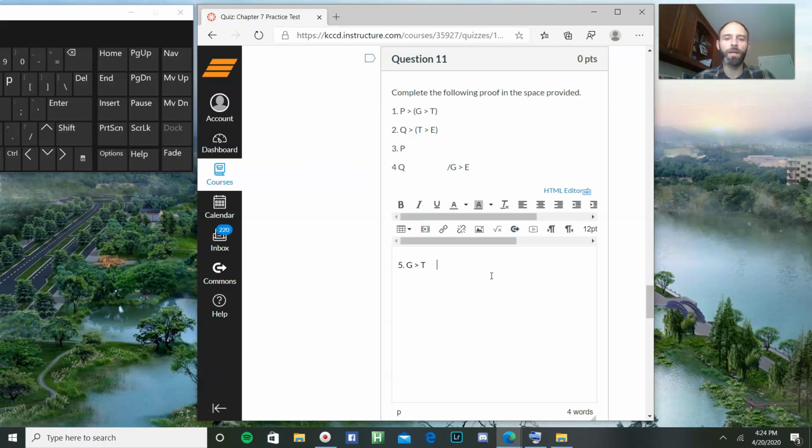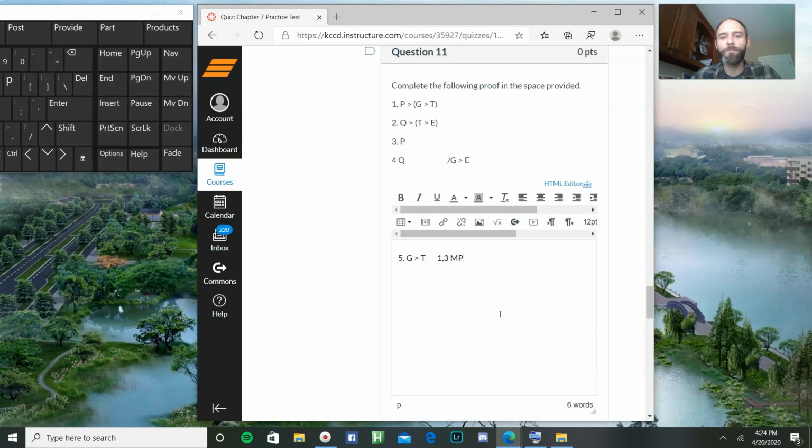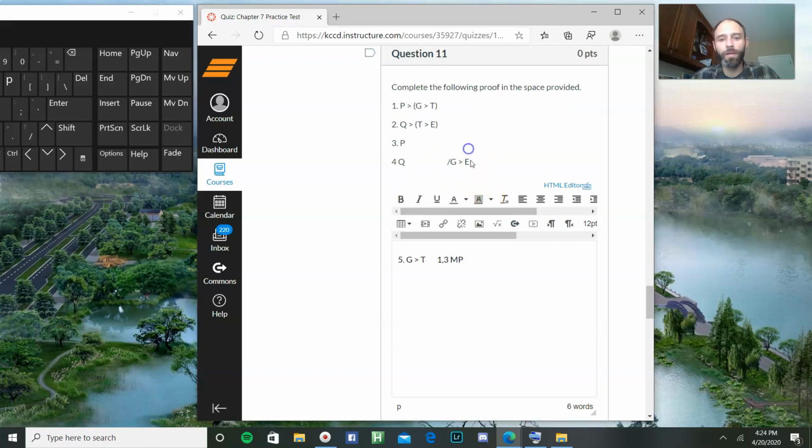Throw some spaces in there. And how did we get G horseshoe T? We did 1, 3, MP. So then you'd continue on with the rest of the proof, numbering each step, justifying each step with a rule and some lines on which you're performing that rule, and then when you get to the conclusion here, G horseshoe E, and you justify that step, then you would be finished.